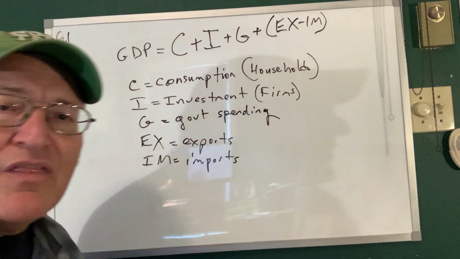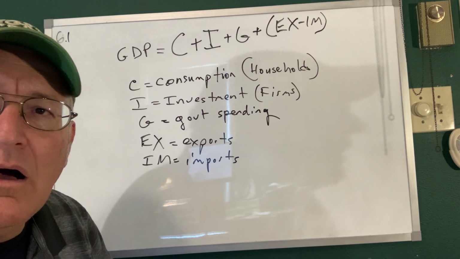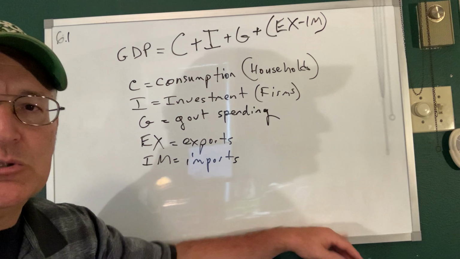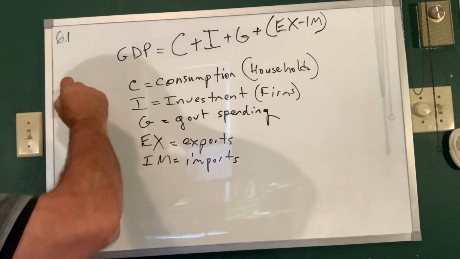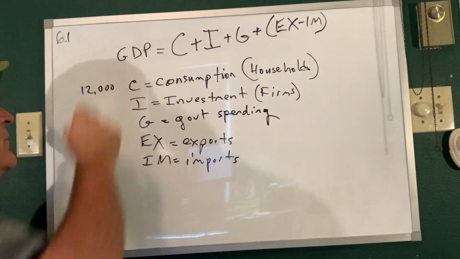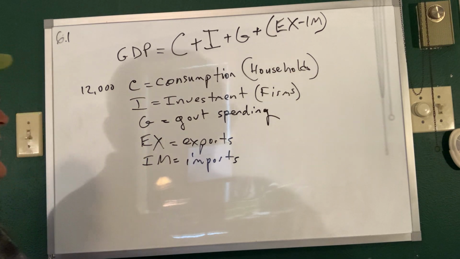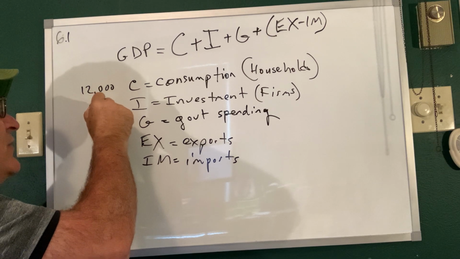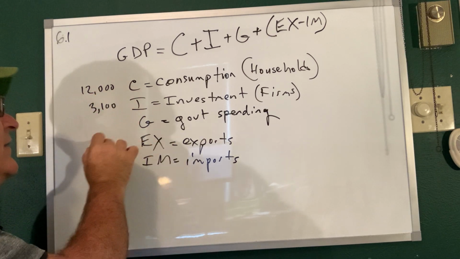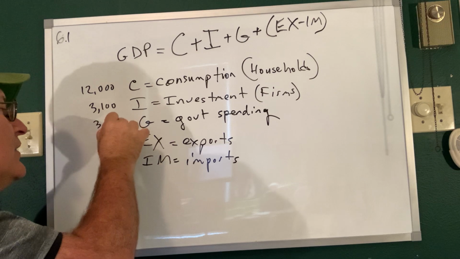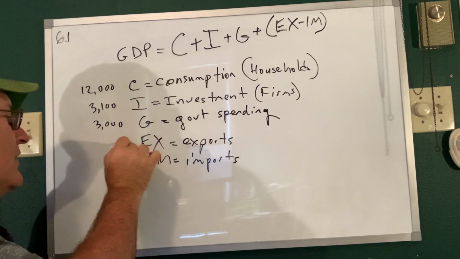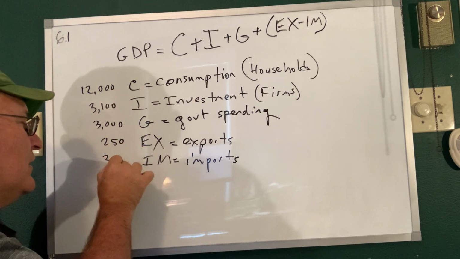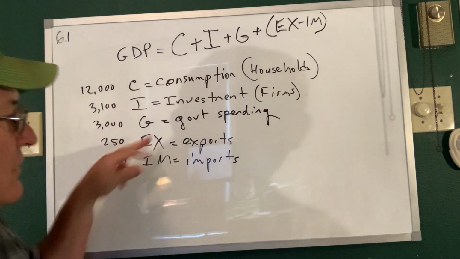But that's it. That's the calculation for gross domestic product. If I gave you a schedule that said consumption was 12,000 billion, investment was 3,100 billion, government was whatever, exports were 250 and imports were 300, then you could literally just add this up.